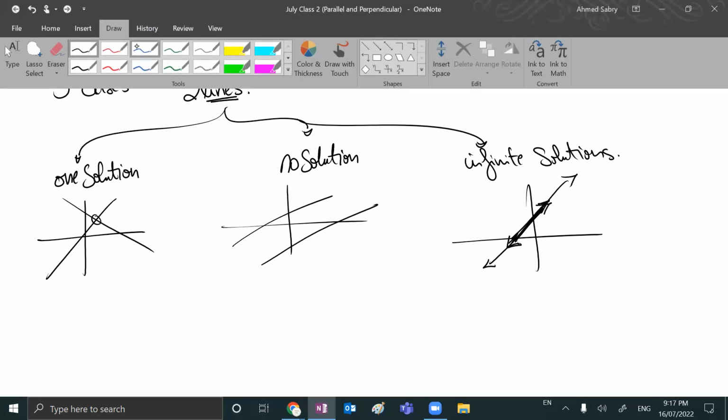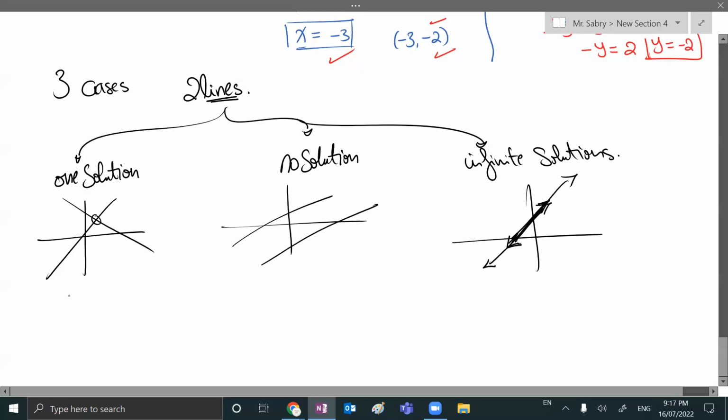Right. So if they have one solution, this means they must have different slopes. If they have no solution, this means they must have the same slope but different y-intercepts.